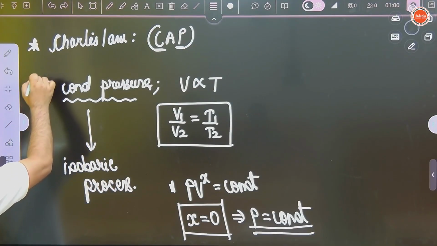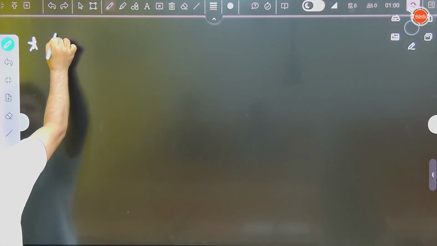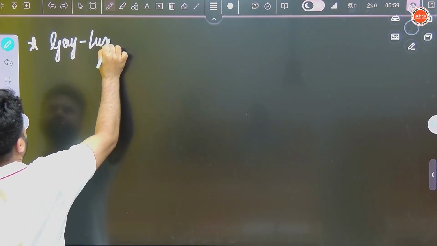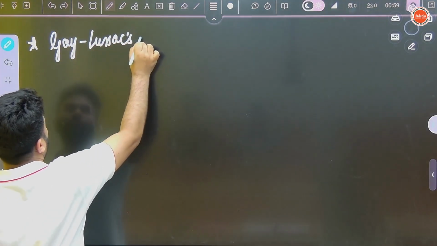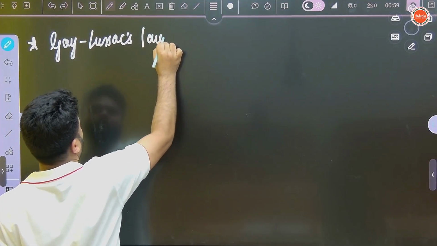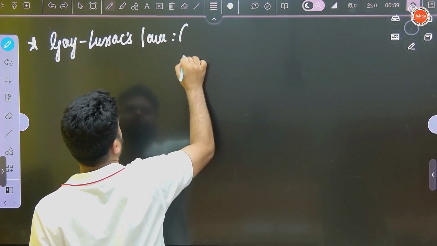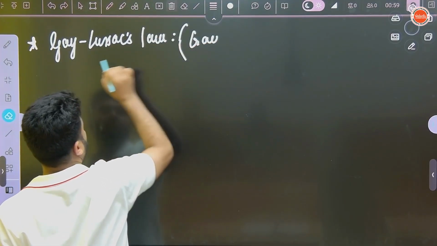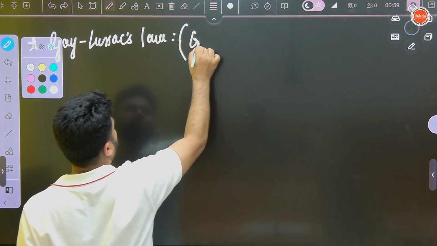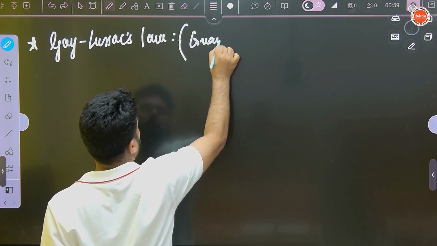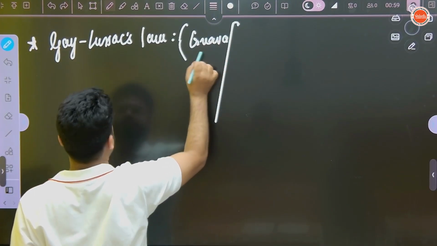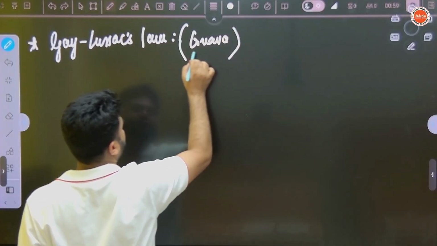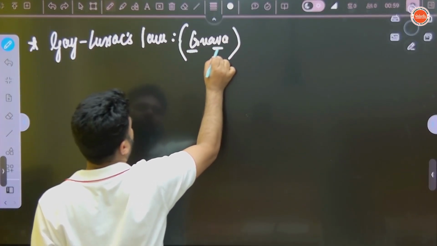Next we have Gay-Lussac's law. You can remember the word guava. G for Gay-Lussac's law, V for volume.